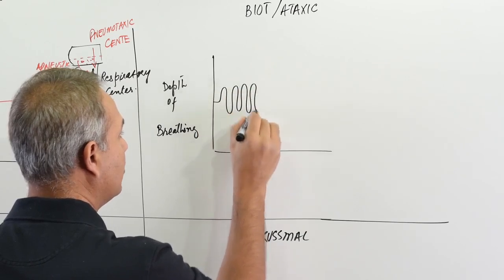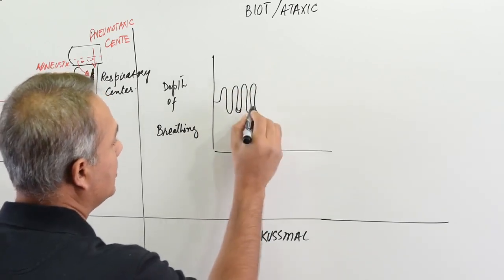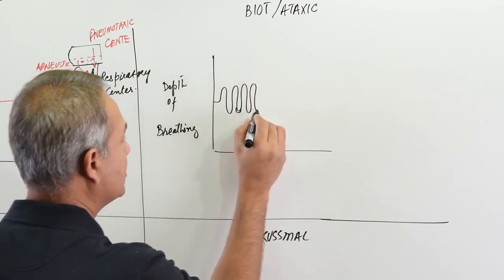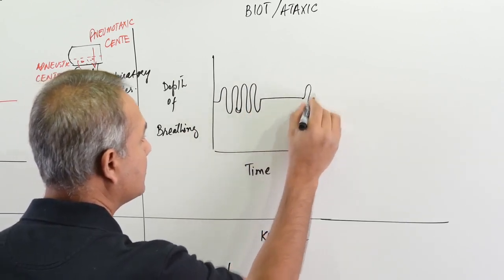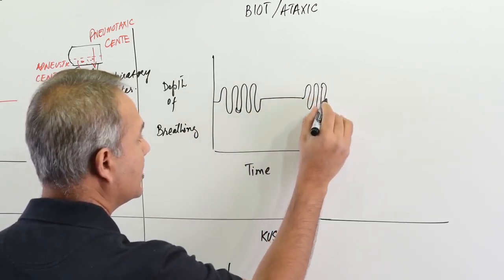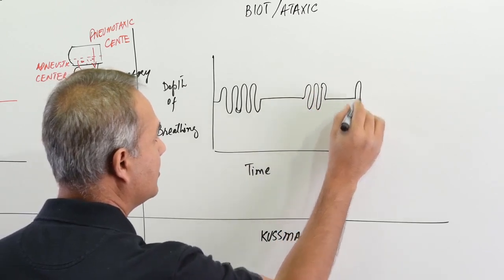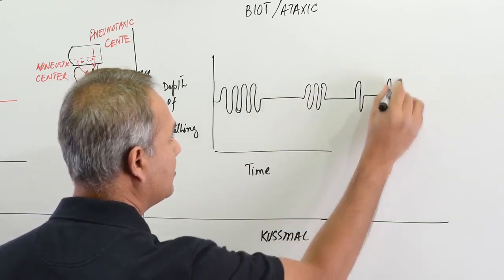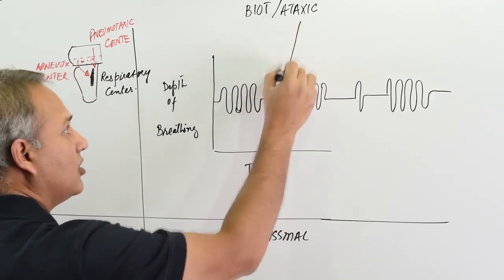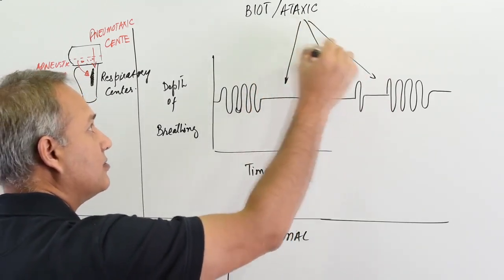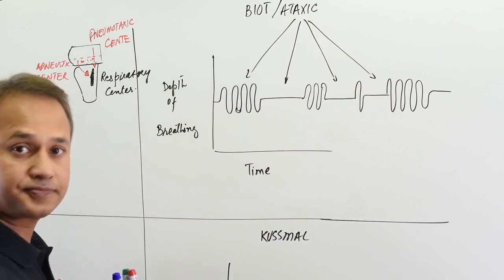Imagine the breaths are all the same height, and then all of a sudden there is apnea. Then another few breaths, apnea again. Then maybe one breath, apnea again. Then many breaths again, and then apnea again. So it is irregular. This is why it is called ataxia, because the rhythm is irregular.